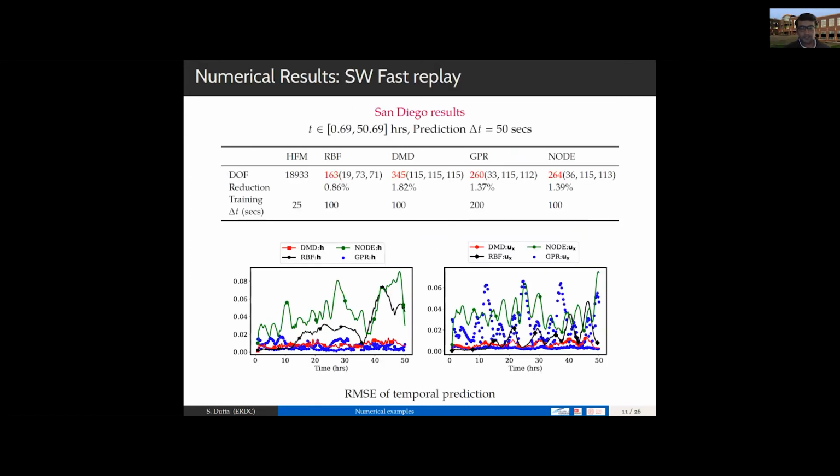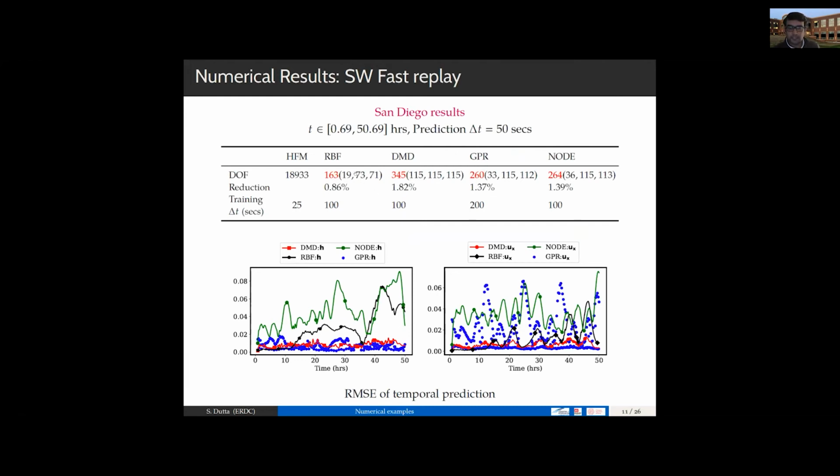So first, looking at the San Diego Bay results, we have compared with a radial basis function method, the DMD, Gaussian process regression, and neural ODEs. And in order to see the best of each world, we tried to have different levels of resolution that we are allowing each method to take.